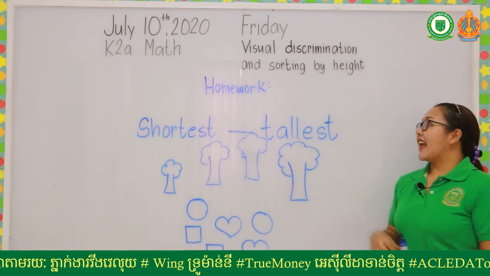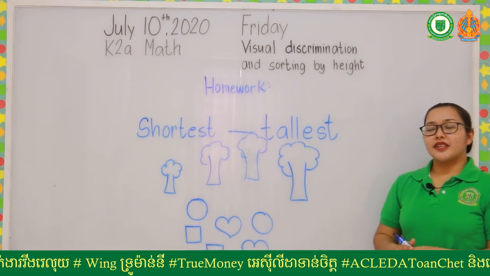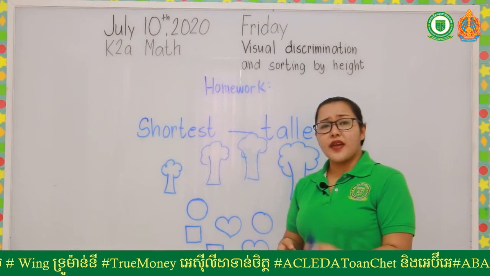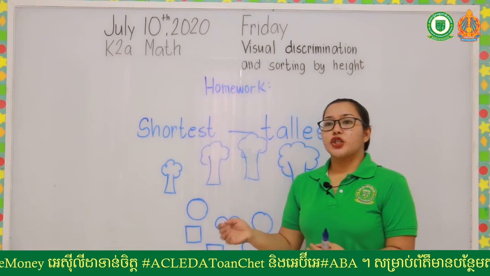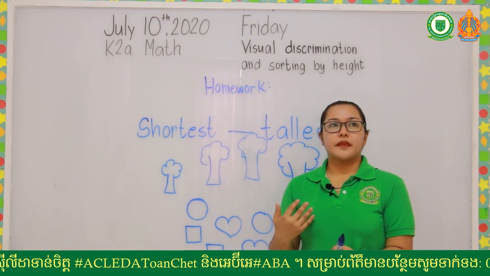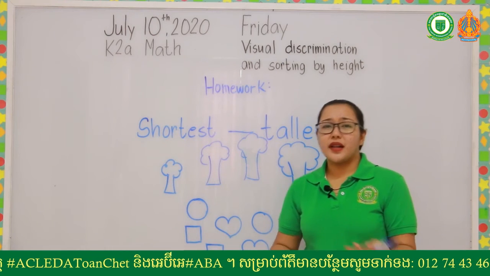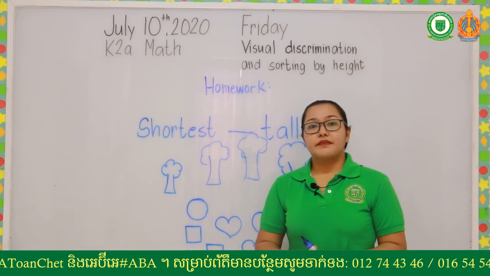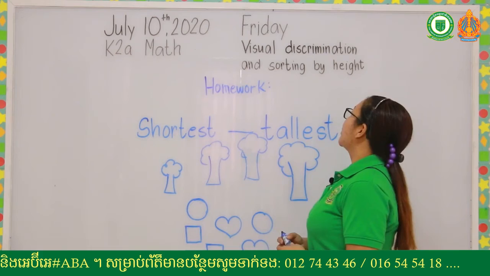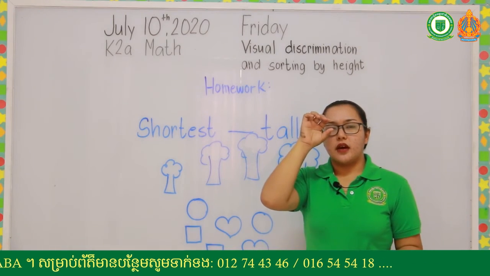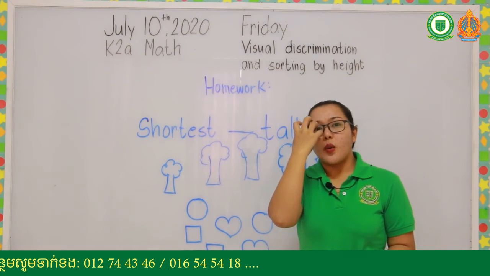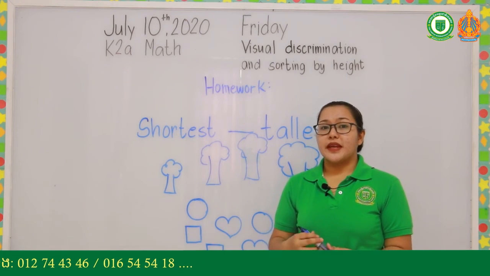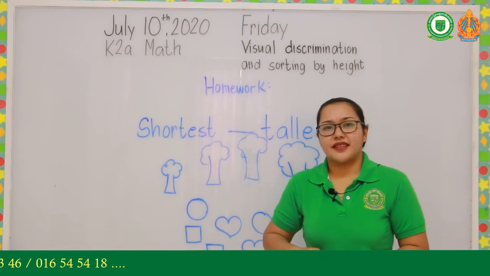All right, and when we say visual discrimination, it is to identify things based on designs, colors, shapes. It can be from quantity, quality. So when we say visual discrimination, it's identifying things based on what you can see from them, or how you see things, okay?